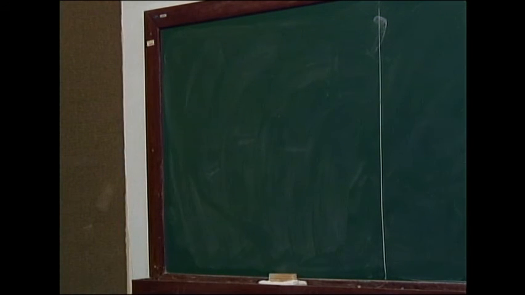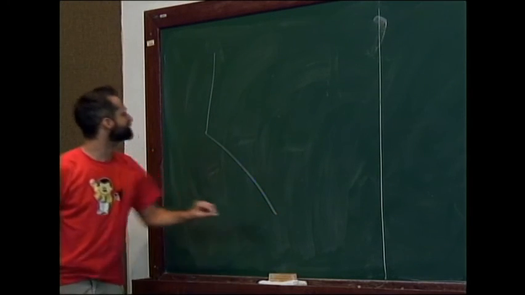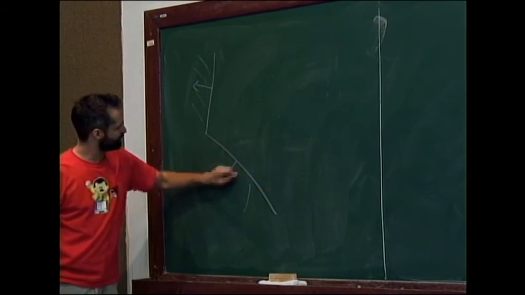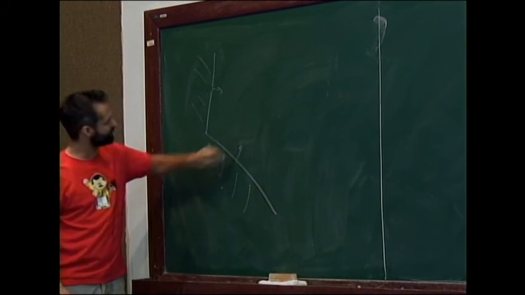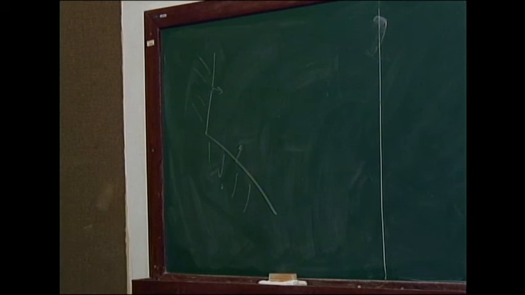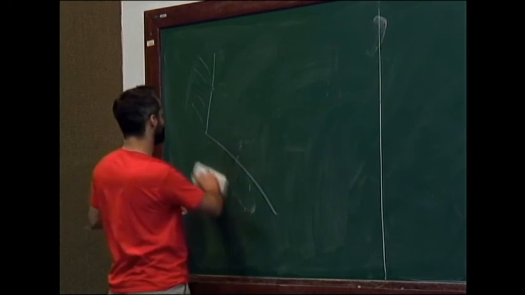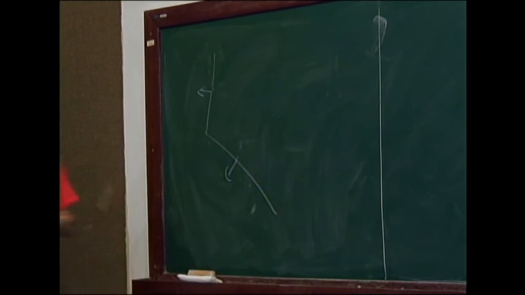So we say the family is alpha rooted. So alpha is this parameter of the model that tells you how difficult it is to grow. You're alpha rooted if there are two non-opposite stable directions. I'll draw them like this. These are the two non-opposite ones. Both of which it's harder to grow in than alpha.